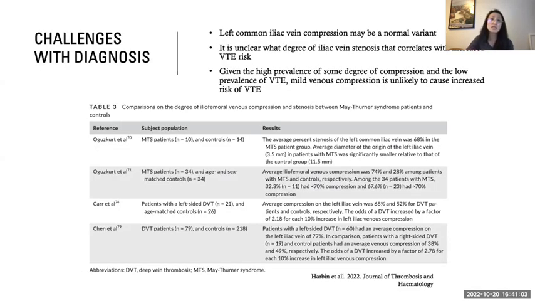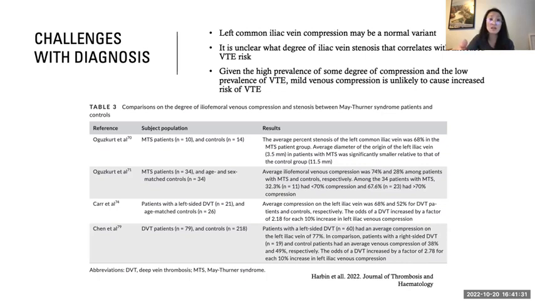I had alluded to this previously, talking about the challenges of diagnosis of May-Thurner syndrome, because there are so many people who do have some degree of iliac vein compression, and it likely is a normal variant. Knowing at what point there is enough stenosis to say that this is the reason someone has a blood clot and higher VTE risk is challenging.